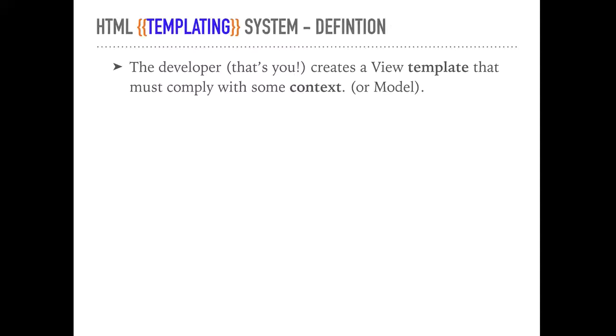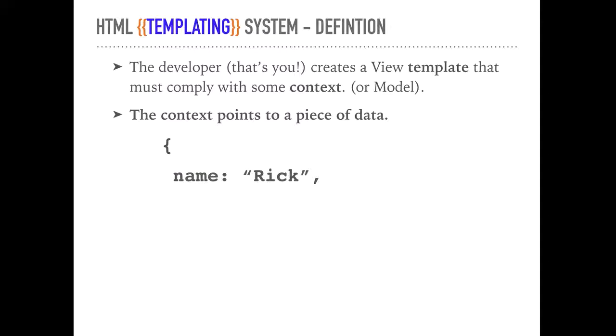So the developer, us, we get to create the template that will comply with some context or the model. And all the context points to is a piece of data. So here's an object literal, with a name property and a location property.